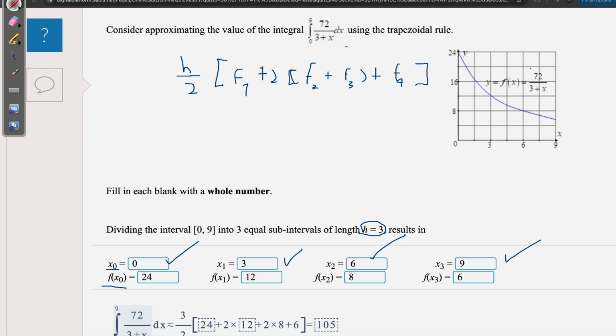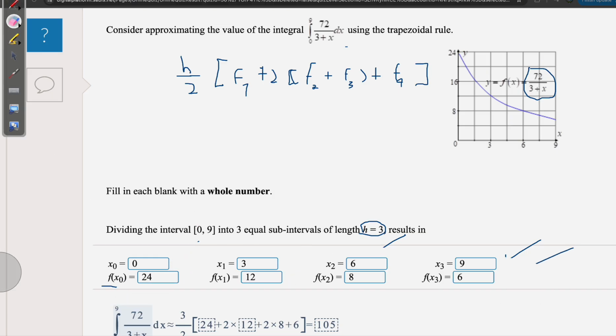So f of x at 0, we substitute x by 0, we get 24. We substitute x by 3, 72 over 6 is 12. We substitute x by 6, 72 over 9 is 8. And then last but not least, 72 over 3 plus 9, 12, which is 6.